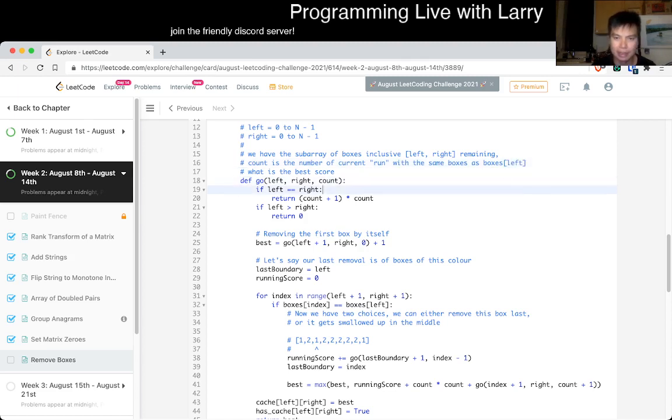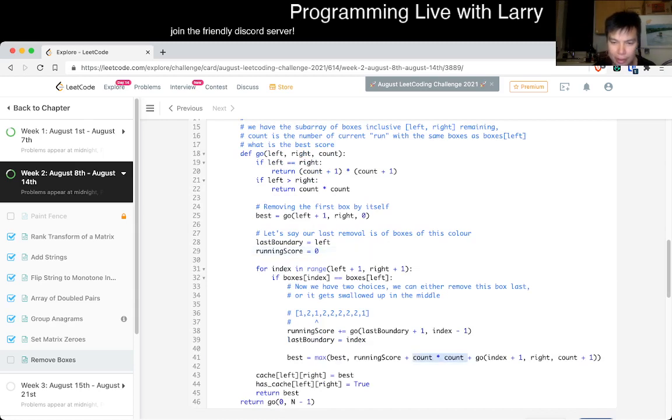Something like that. So then this is going to be count plus 1. And in this case, we just do count times count. Okay, then in this case, we don't actually need the plus 1 because the count is summed up. And then here, we don't need this. Okay. So then now let's go back again.